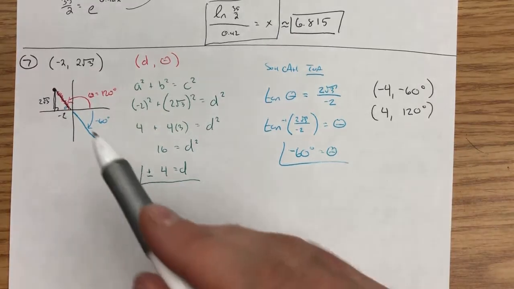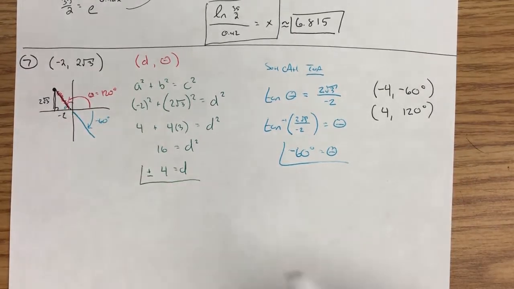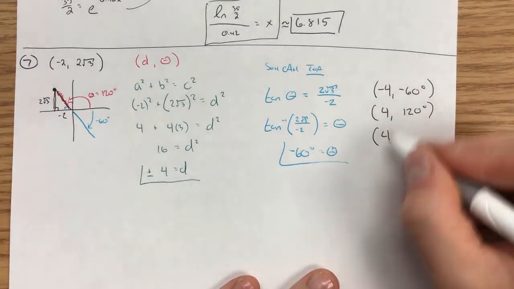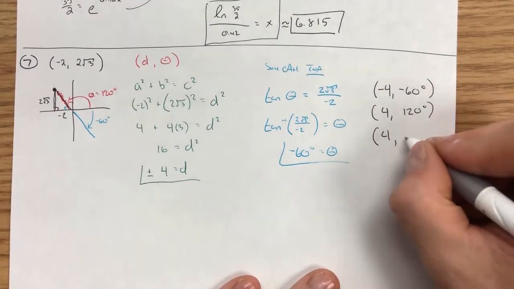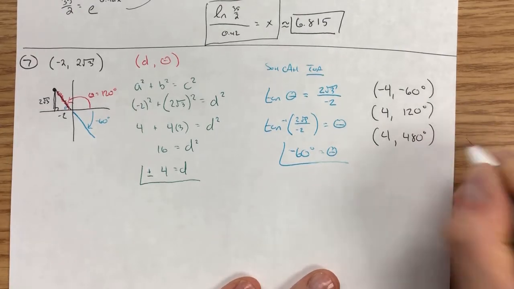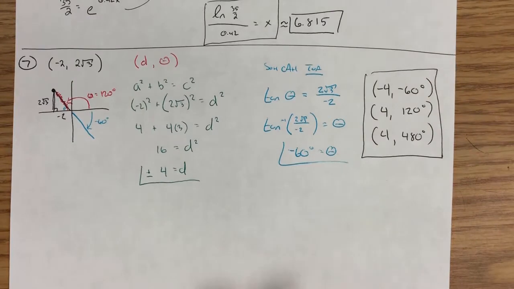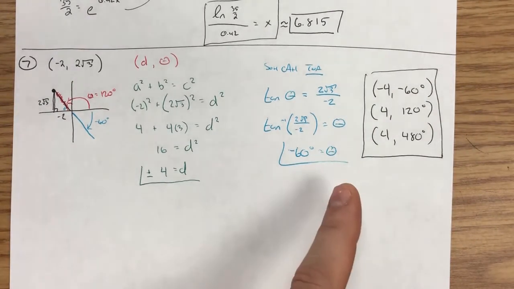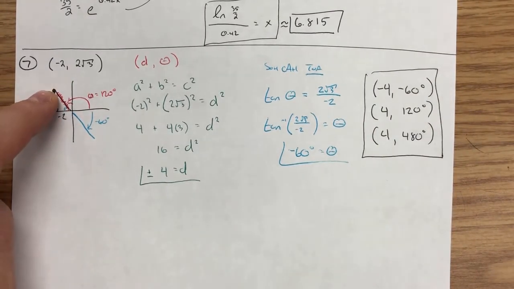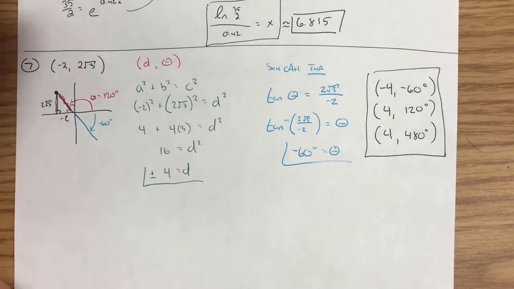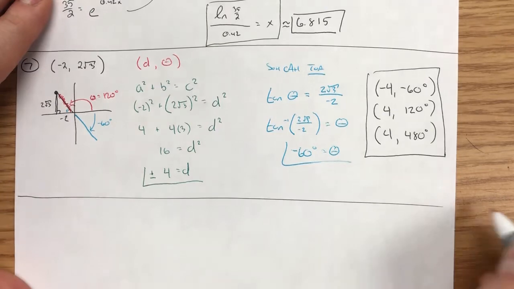Well, with polar coordinates, remember, I can loop around a second time. So I can use my distance of 4 yet again and just add a full circle to this degree measure, which is 480 degrees. Boom. So I have 3 different polar coordinate forms of that point right there, which is represented by that in rectangular form. Awesome. So that's question 7.